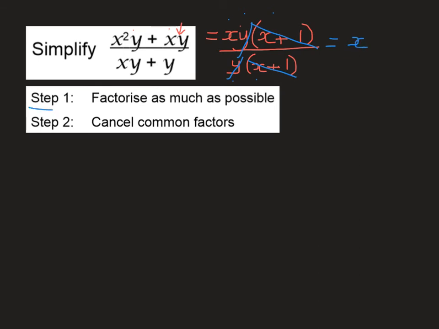So step 1, factorise it as much as possible, and then if you do not get common factors, double check your working, because they're very unlikely to give you a question which says simplify and not have at least a couple of common factors. So you should always have common factors to simplify at the end.